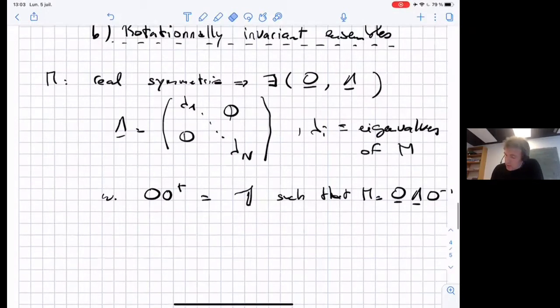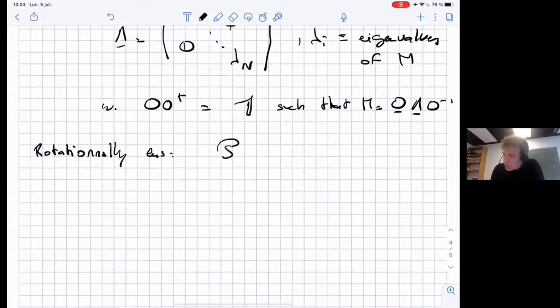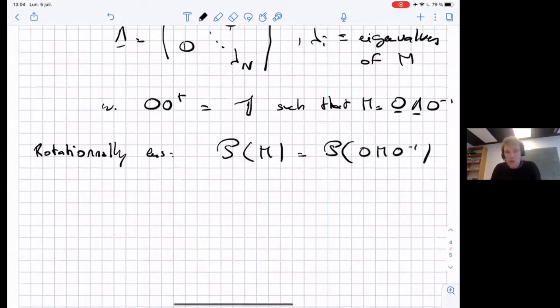So the idea of a rotationally invariant ensemble is to say that if you look at P of M, then it should be the same if I do a similarity transformation on M. Basically the statistical weight should be the same.